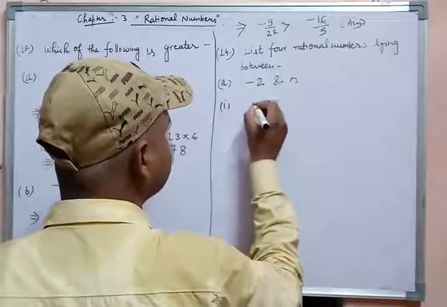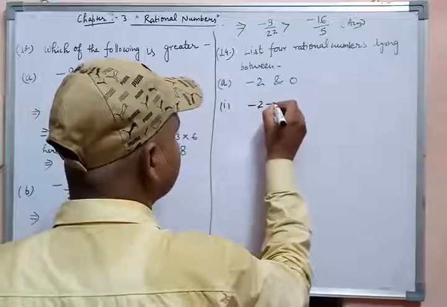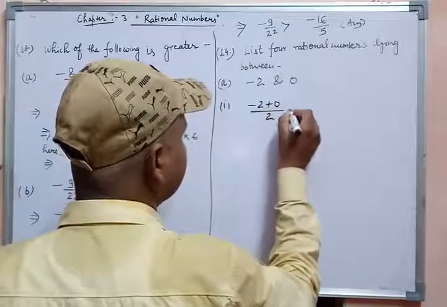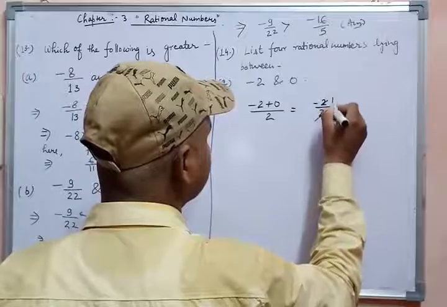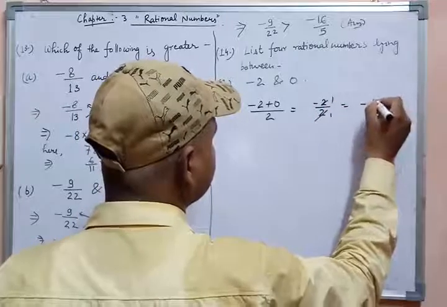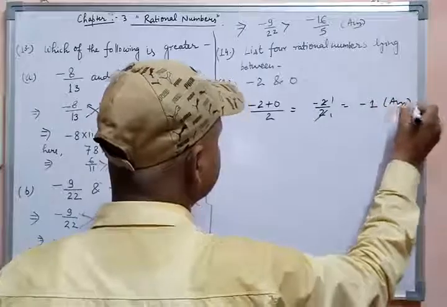so first rational number: -2 plus 0 upon 2, then we will get -2 upon 2, the 2s cancel, and we will get -1. So this is the first rational number.